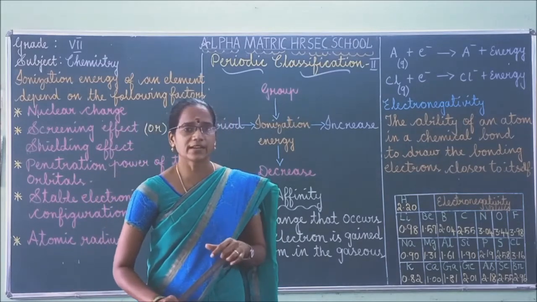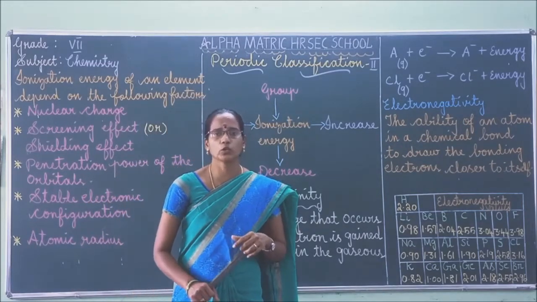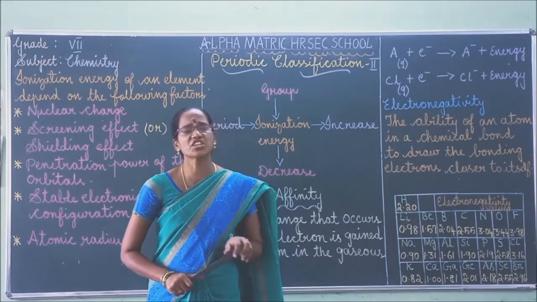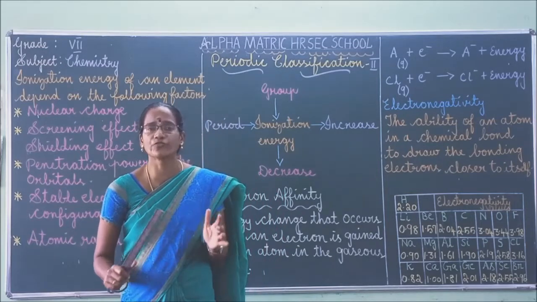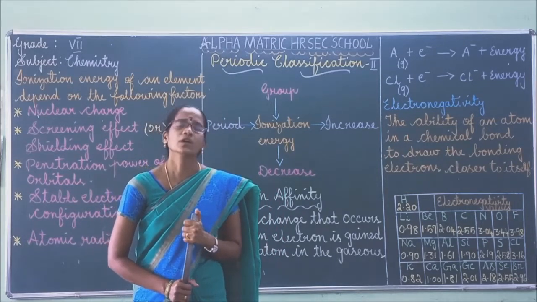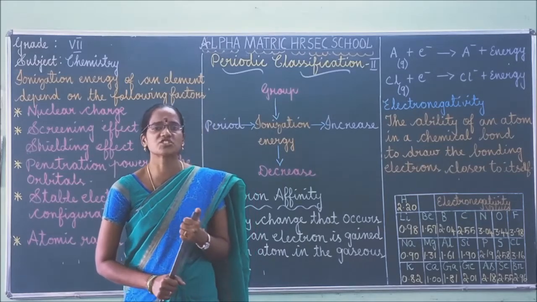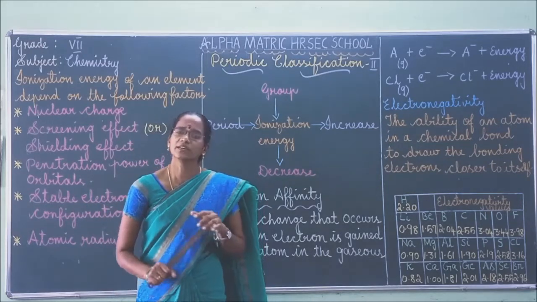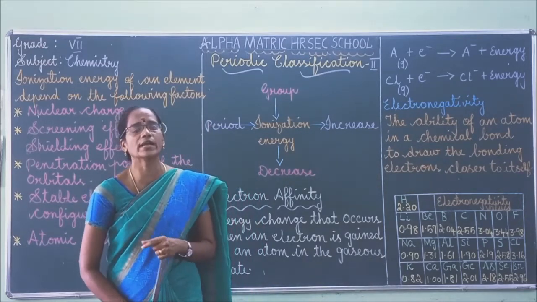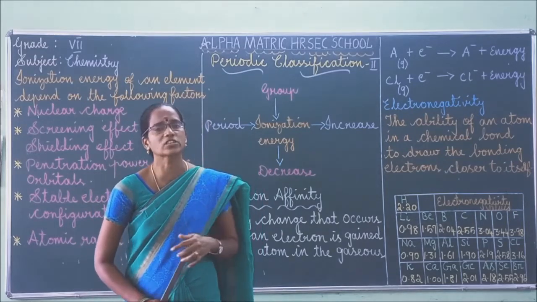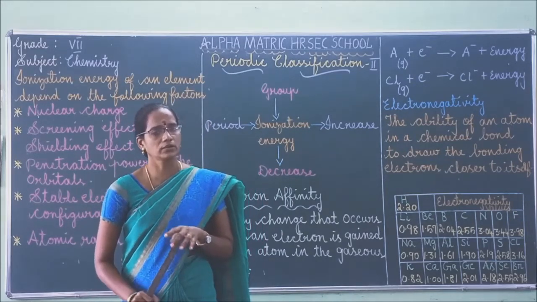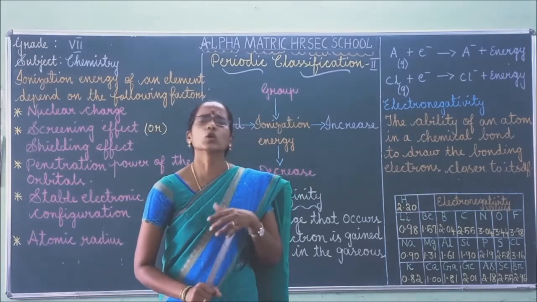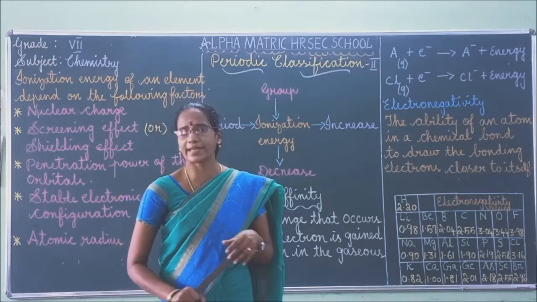So, for example, we can consider the hydrogen chloride molecule. Here, hydrogen as well as chlorine atoms share one electron each to form a covalent bond between them. Here, when you compare with the hydrogen atom, chlorine atom is a highly electronegative atom.